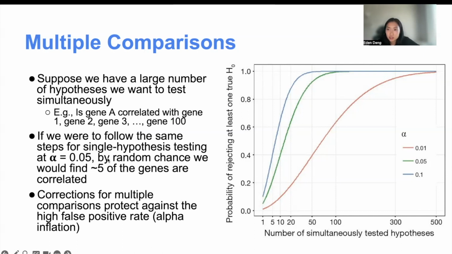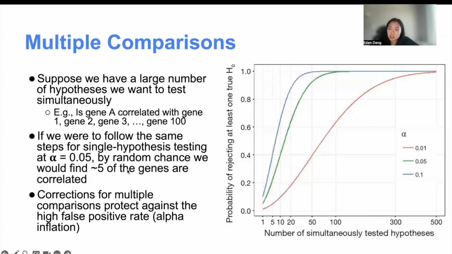So the more tests that you do, the more likely it is that you'll incorrectly reject the null at least once. You can imagine if we were testing 20,000 genes instead of 100, even if none of them are actually significant, we would probably still find that several hundred of them have a p-value less than 0.05.